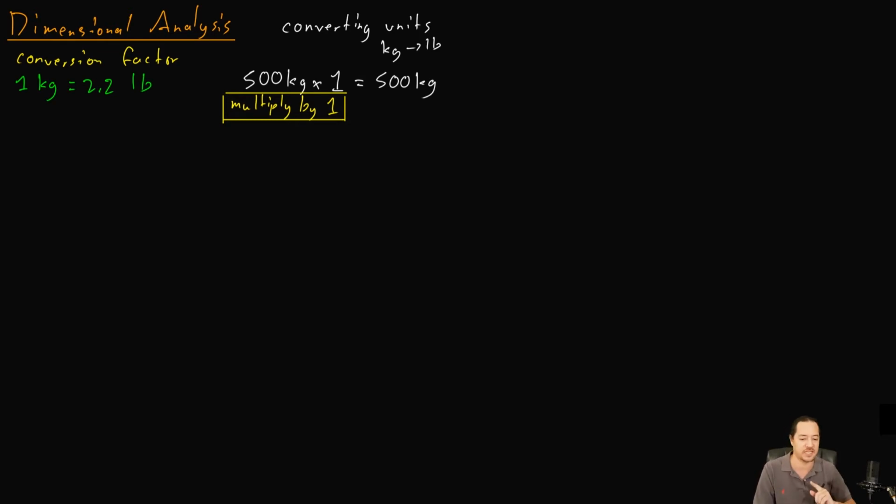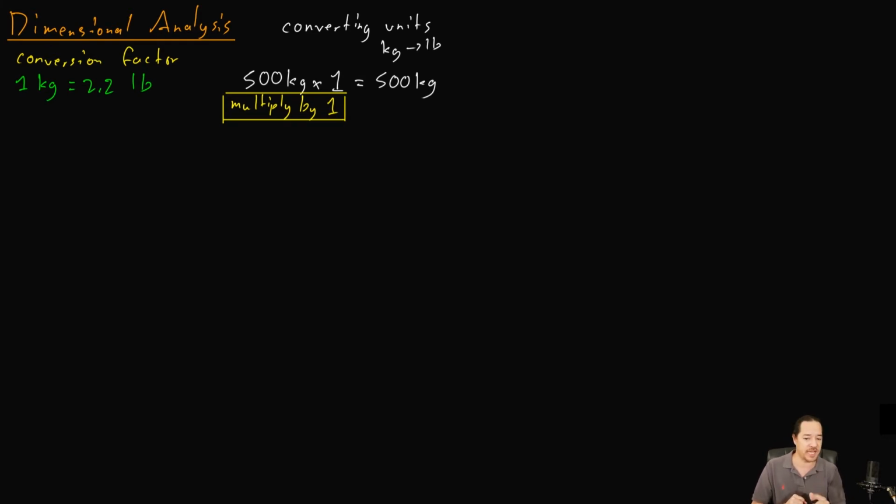Why do I want to say it this way? Because I want you to understand that when you have 500 kilograms of water and you multiply it by 1, you still have that same quantity of water. What we're going to do is, instead of multiplying by the number 1, multiply by a value that is equivalent to 1.